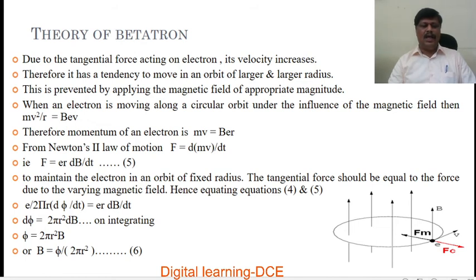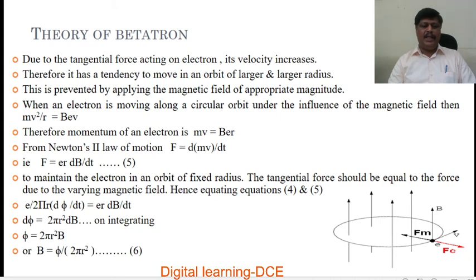So here d phi by dt equals dB by dt, taking the derivative. The 1 over 2 pi r is there; multiply by 2 pi r square, and e and e get cancelled. 2 pi r into r is 2 pi r square into dB. So by taking derivative, d phi is equal to 2 pi r square dB.